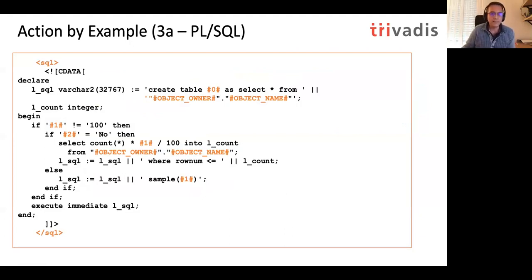And then the next step is that I define what happens when I execute this action. And this is the option 3A. I show it with a PL/SQL block. So that's the implementation. That's not really spectacular. What's interesting is I have these bind variables. It's not dot something. It's similar to Oracle Apex with the hash at the beginning and the end, uppercase.